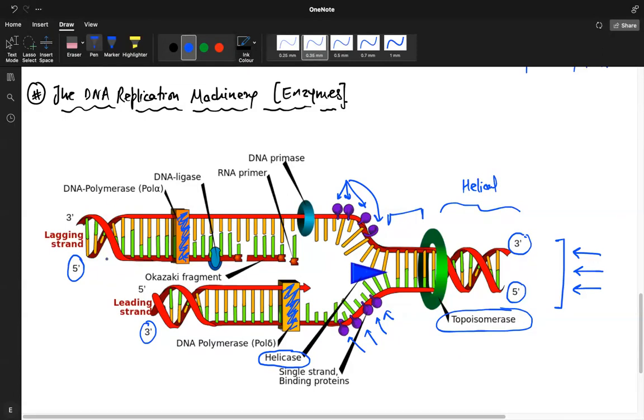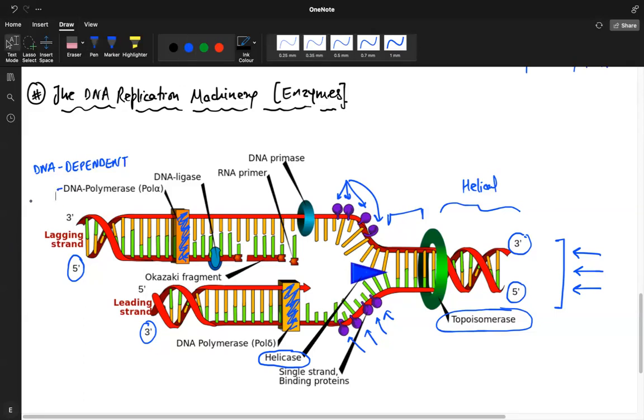Now this polymerase is a DNA polymerase because it's making DNA. And what this diagram does not tell you is that its full name is DNA dependent DNA polymerase.